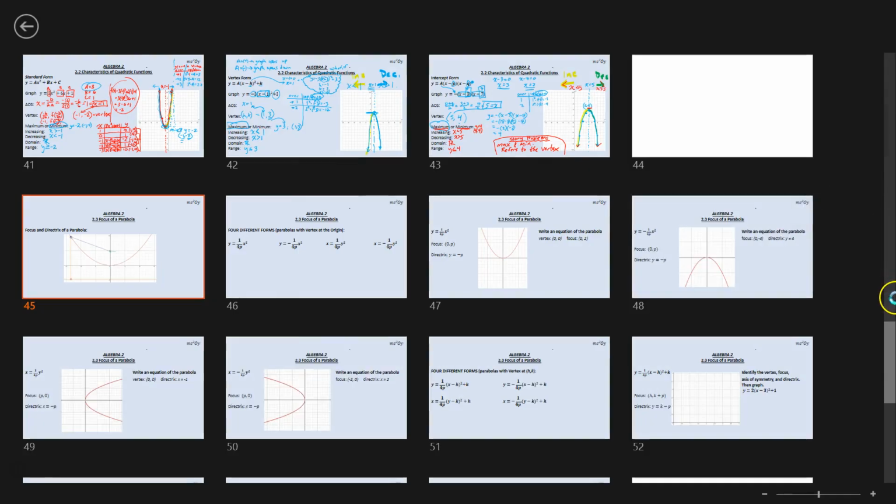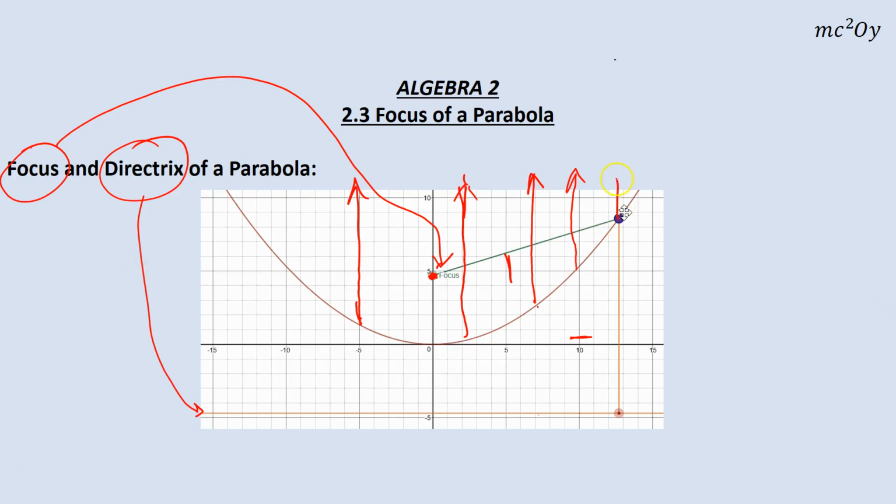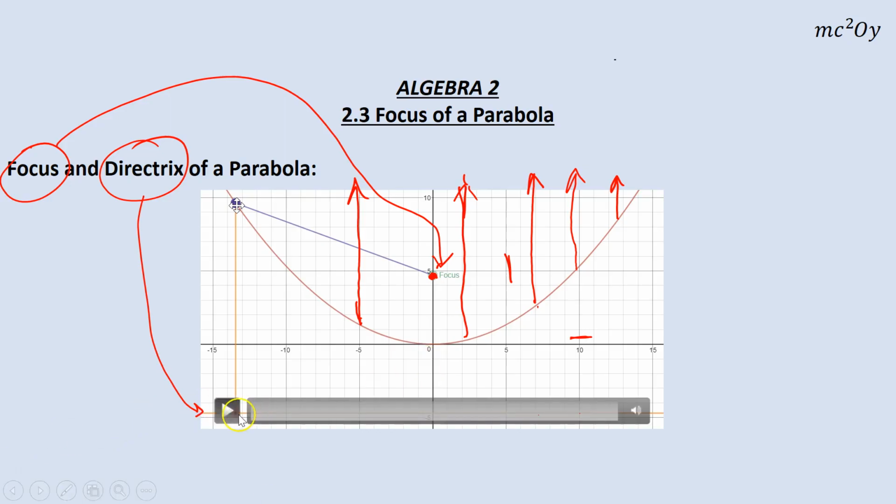So all of these rays just push outward at the same point. It's very handy, and the other is true as well. You could bring rays in, hit the parabola, and focus. You can bring in waves.